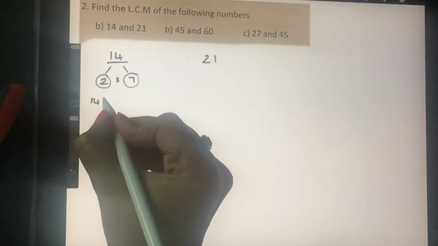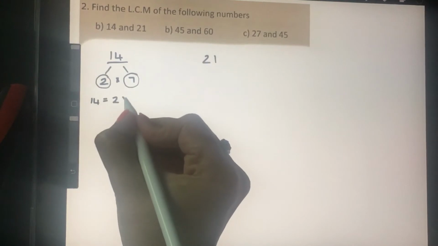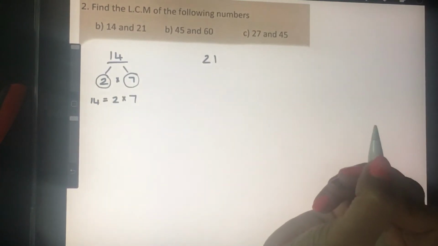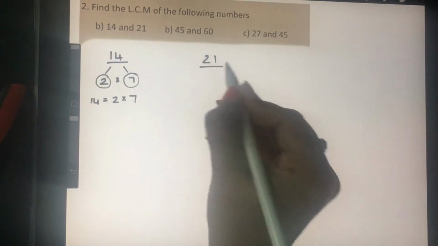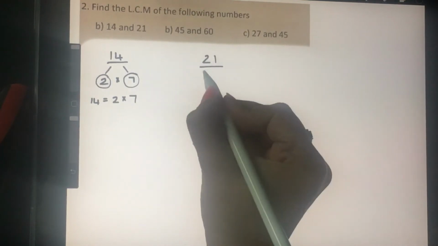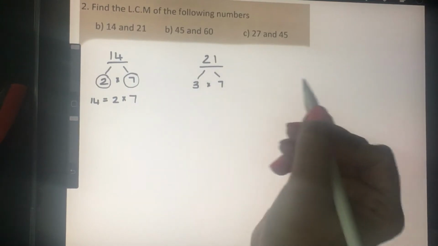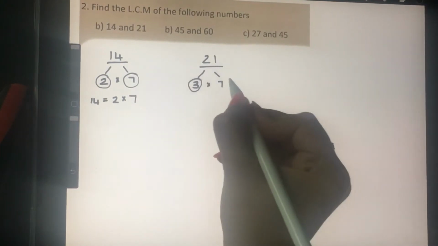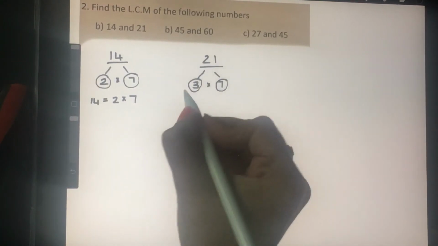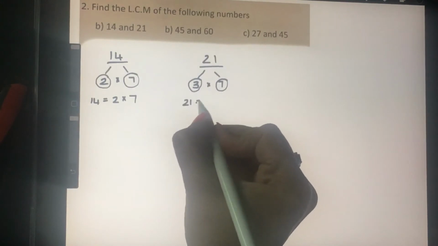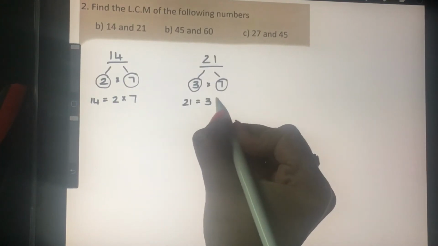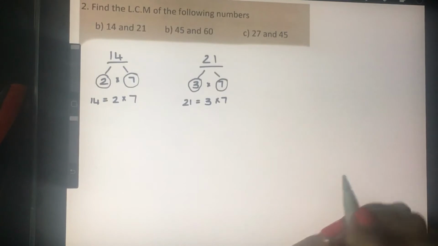So we can say that the prime factor decomposition for 14 is 2 times 7. We do exactly the same for 21 and break it up into two smaller pieces. So we've got 3 times 7 equals 21. And again, both 3 and 7 are prime numbers. So the prime factor decomposition for 21 is 3 times 7.